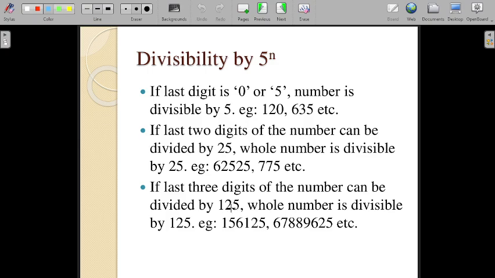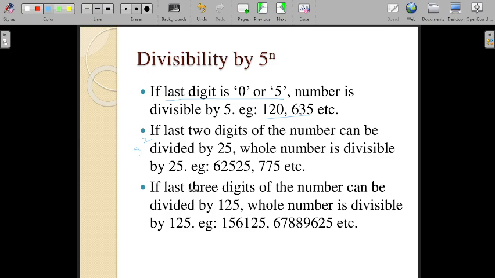Here for 5, the condition is if the last digit is 0 or 5, then blindly we can say that the number can be divided by 5. Simple. So the last digit should be 0 or 5. For 25, which is 5 square, the last two digits should be divisible by 25, then the whole number is divisible by 25.